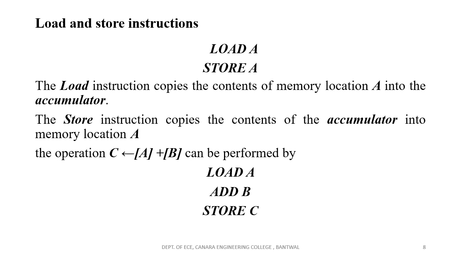If you have the instruction load A, here A specifies the address of a memory location. When you use the instruction load A, the content present in memory location A is copied to the accumulator, whereas the store instruction stores the content of the accumulator back into the memory location A.